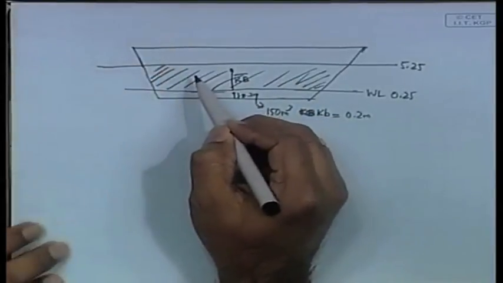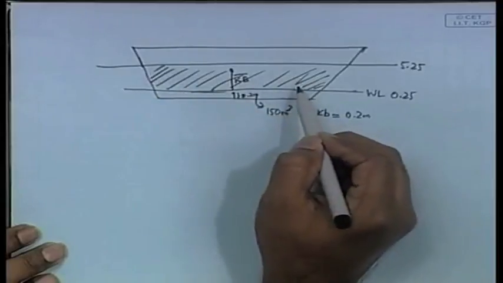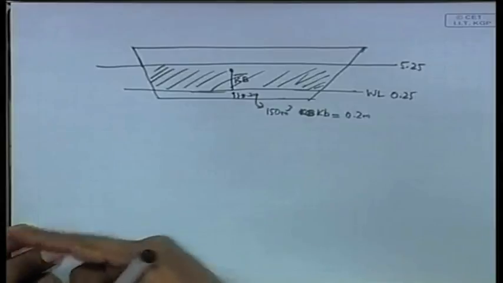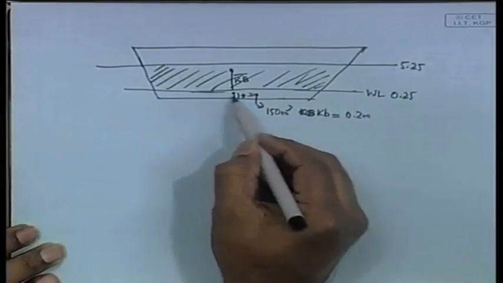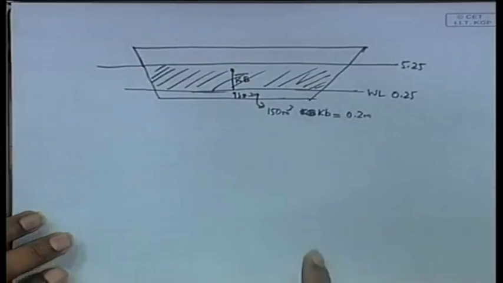By using the additional data given in the problem, you can find the Kb of this, then you have to find Kb1 V1 plus Kb2 V2 divided by V1 plus V2, which will give you the Kb of this whole ship. That is the first term, and next is to calculate the I, that we will come to. First, let us do this.